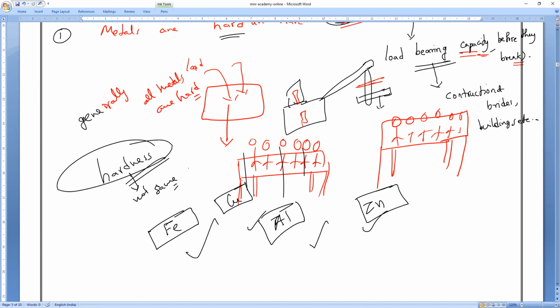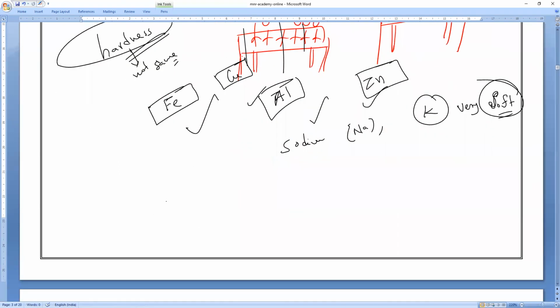Okay. So some metals like iron, aluminum, copper, they are very, very hard. Some metals like sodium, Na, that I said, and potassium, they are very what? Soft. Okay. So iron is stronger than copper, which is stronger than aluminum, which is stronger than magnesium, which is stronger than sodium.